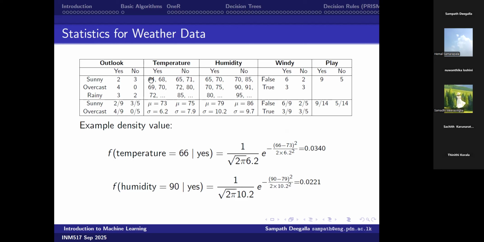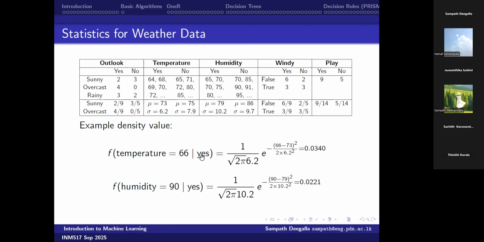For temperature, we have to separate out the values based on the class label. If you separate this out and get the mu and the sigma, it looks like this. So mu is 73 and sigma is 6.2 for class yes. For no, the mu is 75, sigma is 7.9.